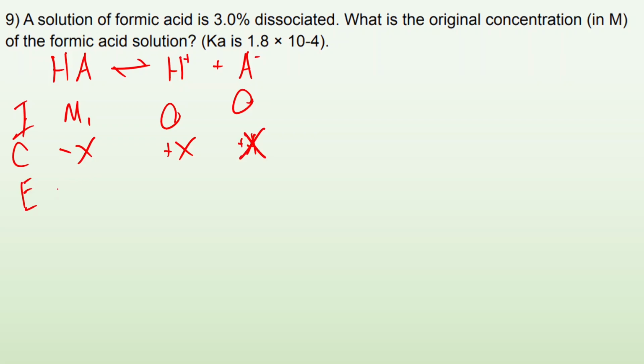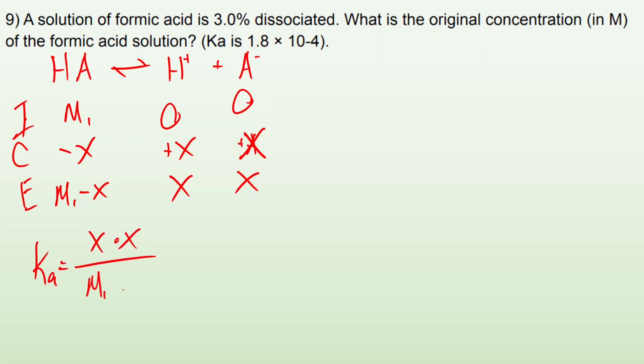At equilibrium, I have my original concentration minus whatever dissociated, giving me that same amount of H plus and A minus. So my Ka equals X times X all over the original acid concentration minus X.